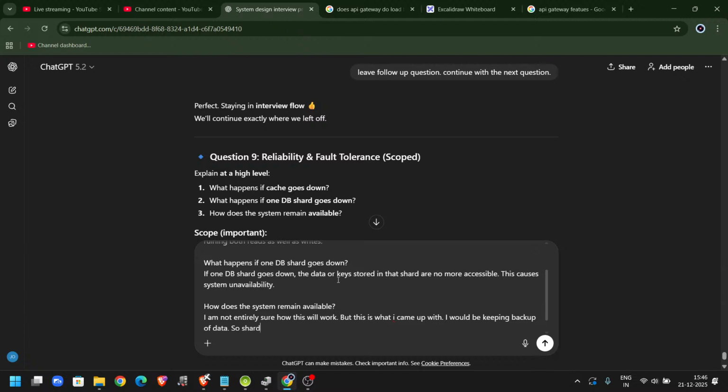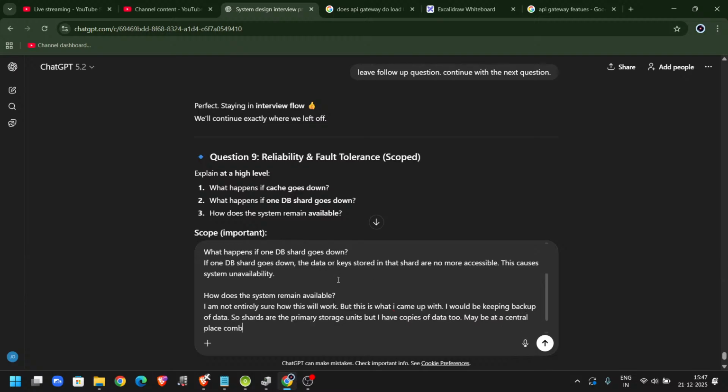So shards are the primary storage units, but I have copies too, copies of data too. Maybe at a central place, combining all shards data.